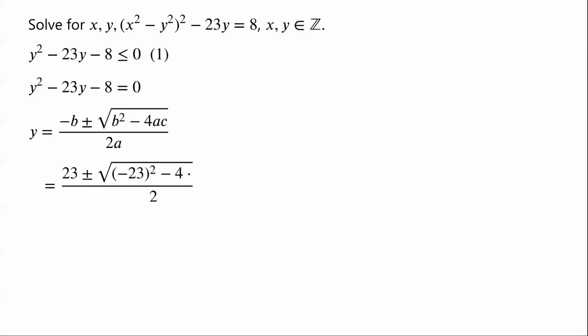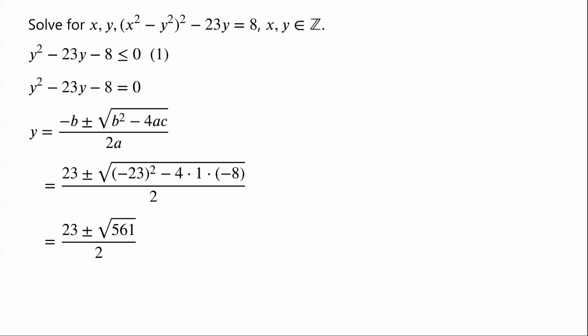So y = (23 ± √((−23)² − 4 × 1 × (−8))) / 2. (−23)² − 4 × 1 × (−8) = 529 + 32, which is equal to 561.